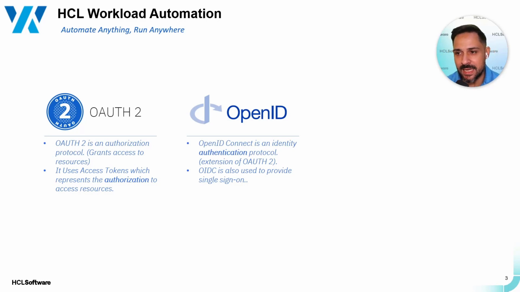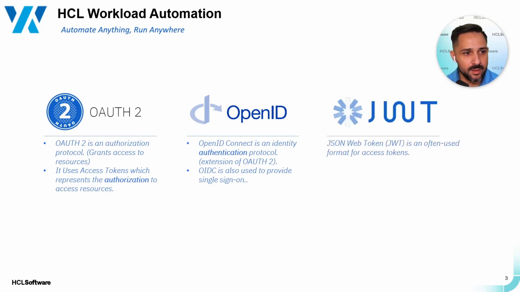OpenID Connect is the extension of OAuth2, so it's implementing OAuth2 behind the scenes. And OIDC is also used to provide single sign-on. In our case, we will be single signing on the Web UI, DWC, with our master domain manager. And of course, we have the JWT, the JSON Web Tokens, which is pretty much the format of the access token we mentioned on OAuth2.